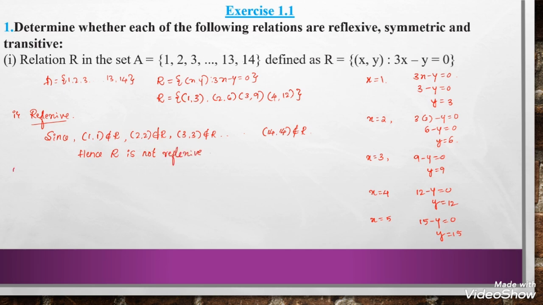Again, I will consider the second one, symmetric relation.